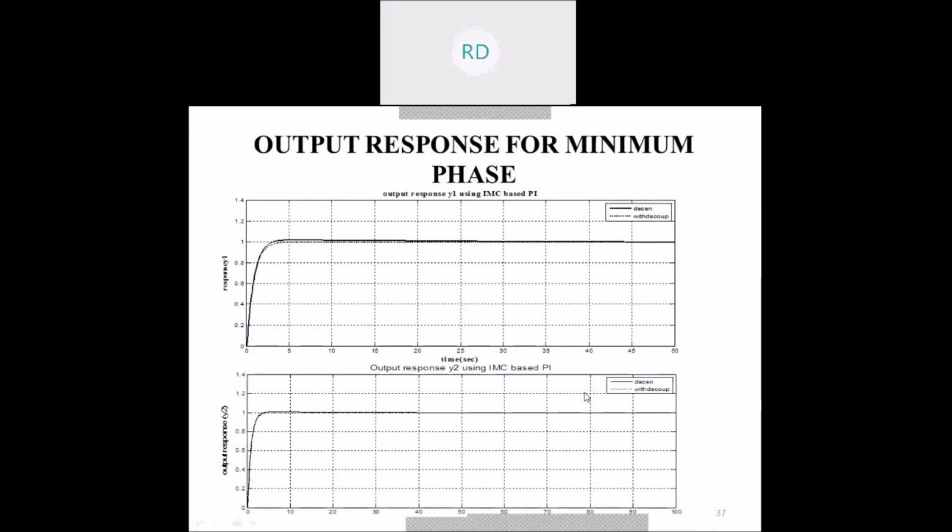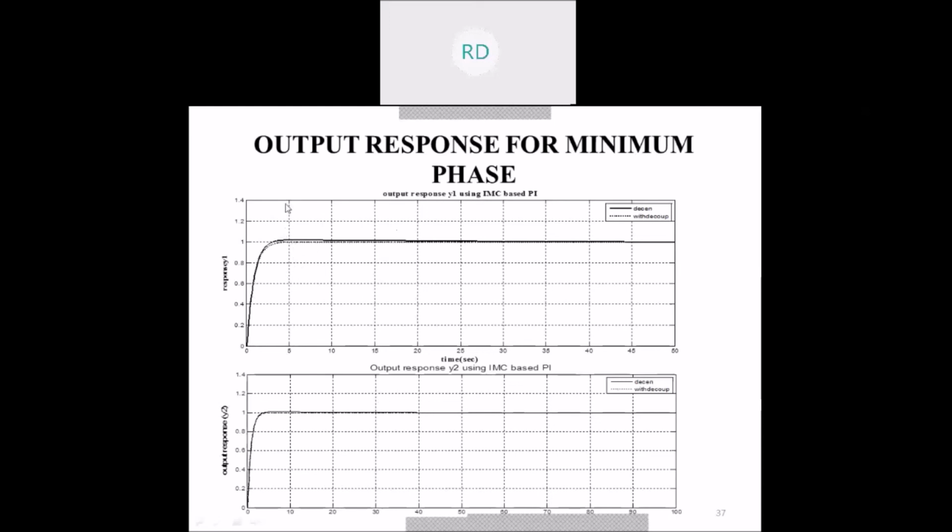This is the output response for both, decentralized with the decoupler using the IMC PI controller. When you compare these three PI controllers with three different methods, I get the better response with the IMC based method. There is no overshoot at all for both, decentralized with decoupler.